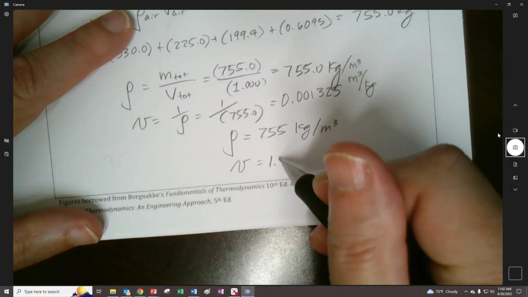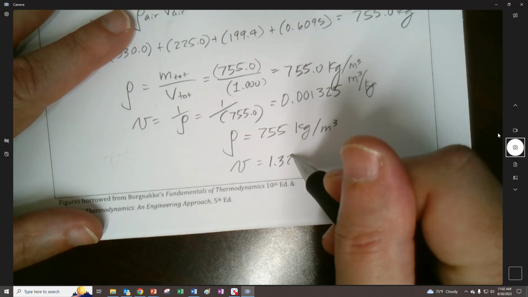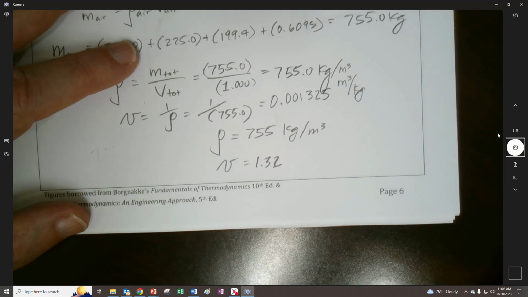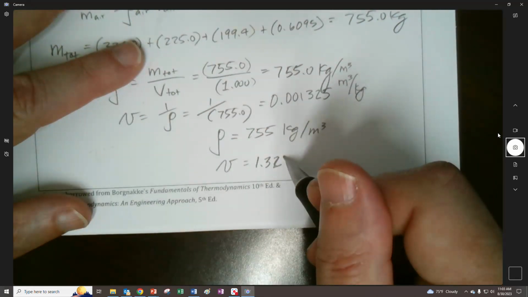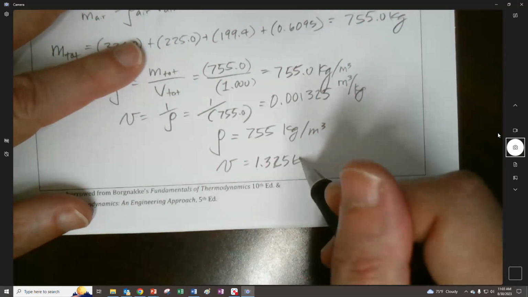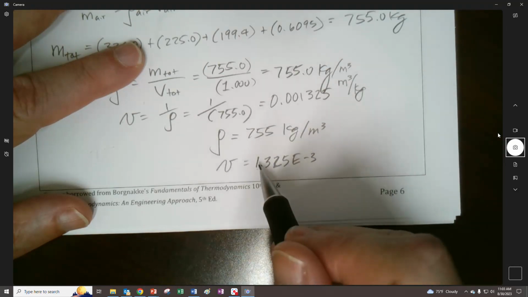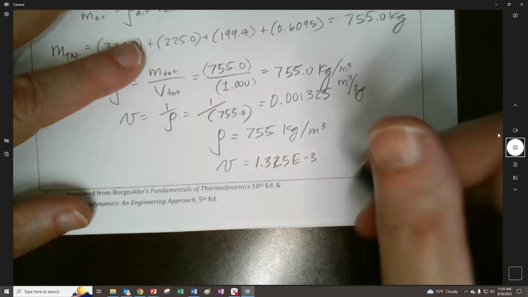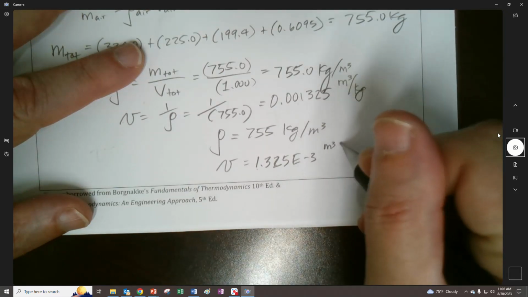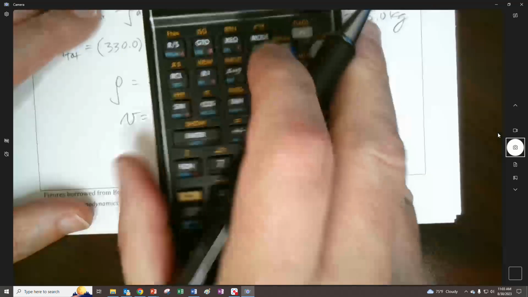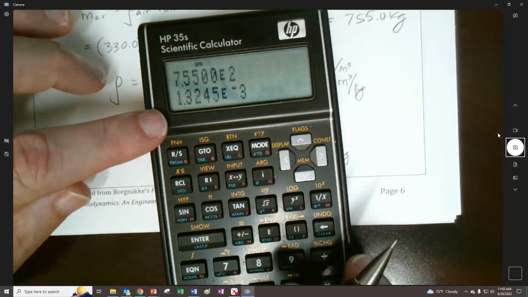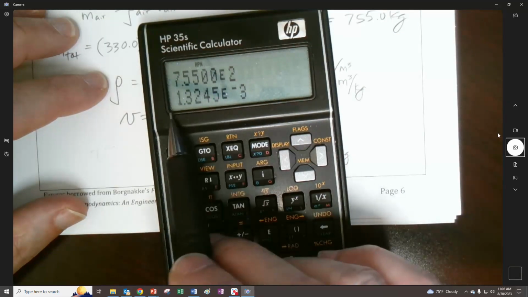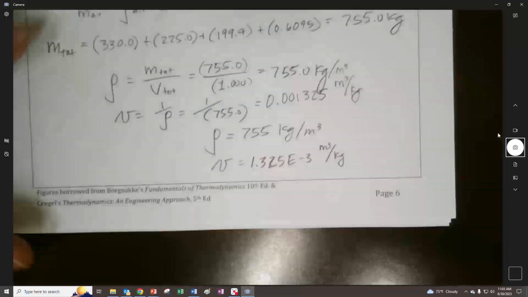You can go 1.32, that might be correct, but maybe 1.325. If it starts with 1, you should really have 4 sig figs right there. I just like keeping my calculator in there so I don't have to write it. I usually use 4 decimal places with that, and it makes my life easy.